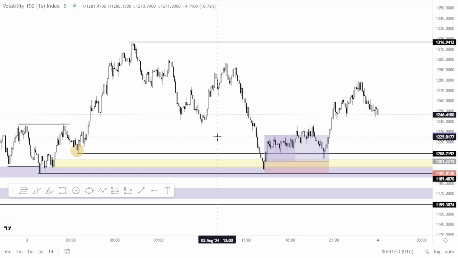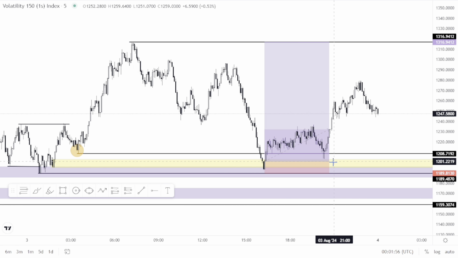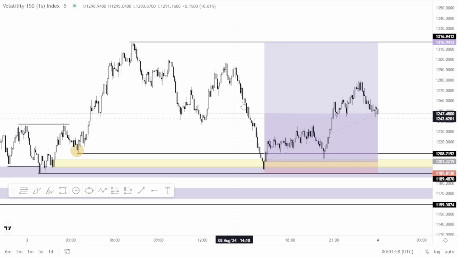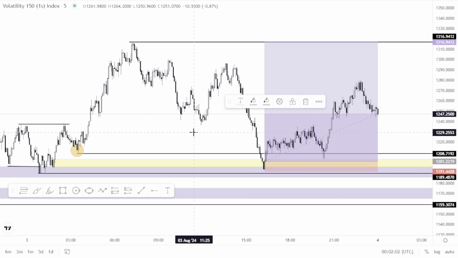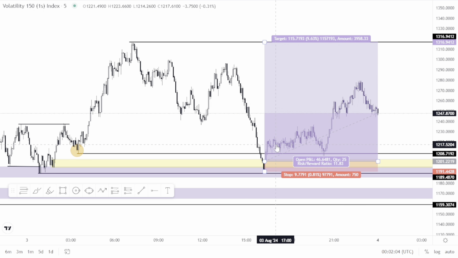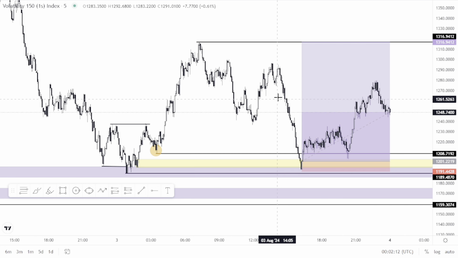The drawdowns are going to be 0. Imagine putting 20 lots on this, risking just $100 and then making about $2,000. So this is absolutely massive, guys.